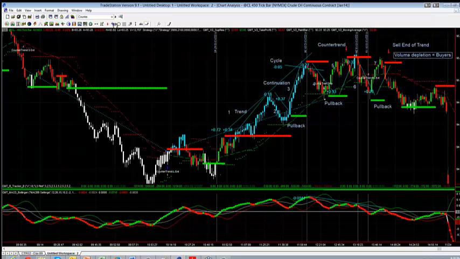I mean where you look at the bid ask and you've lost all the buyers on your strategy, and it's basically a huge divergence to the selling side. So even though price is still up around this area here, you've got no buying volume on that move.